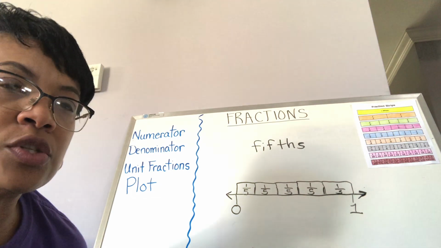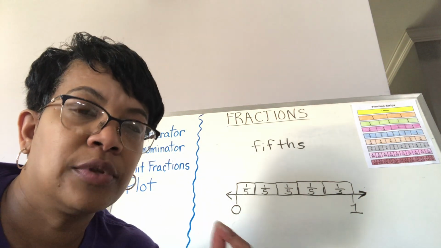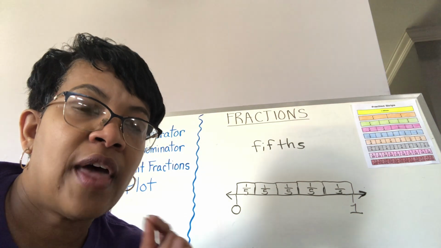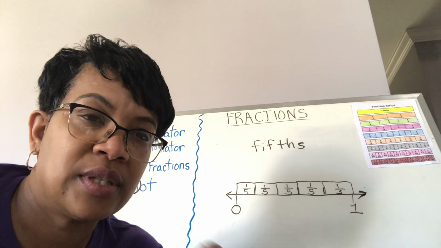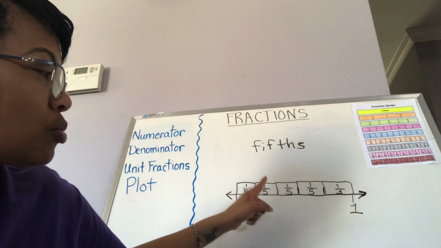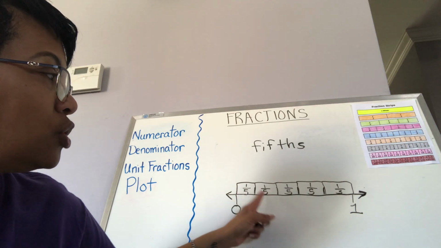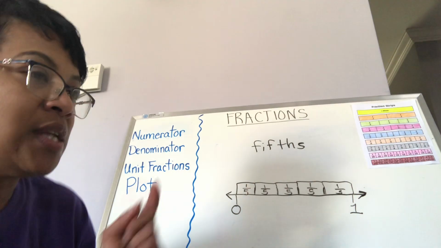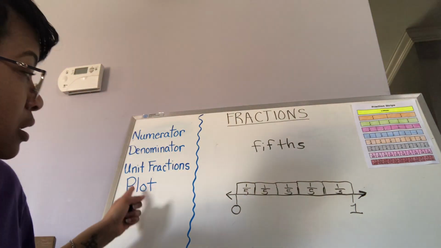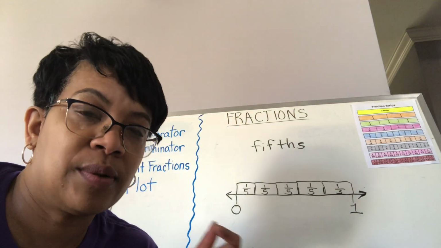So now I'm going to put a point somewhere on this number line, and I'd like you to tell me the fraction that that point represents. We know we have our fraction strips up here. Each part of the number line has been divided into fifths, so that's why we use a unit fraction for each one. But now I want you to tell me, after I plot the dot or the point on the number line, what fraction that represents.